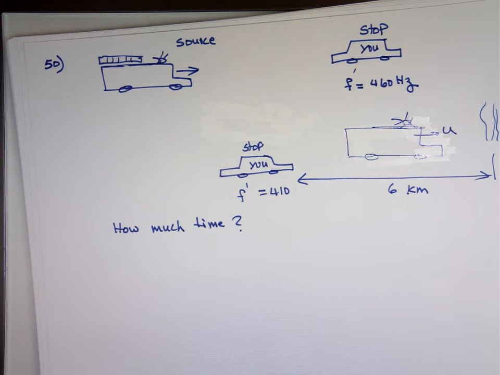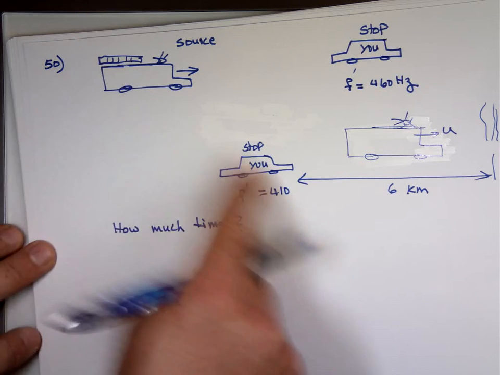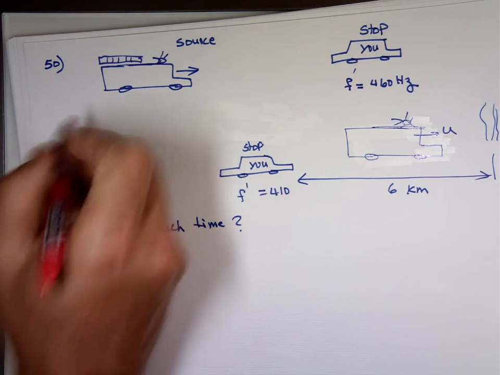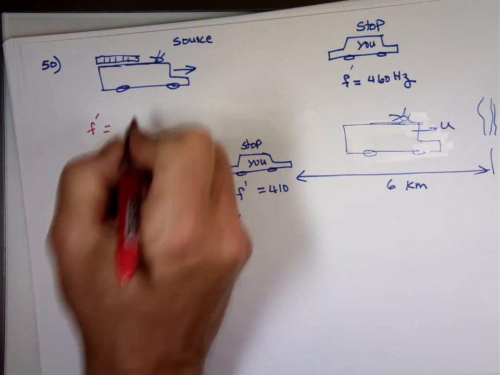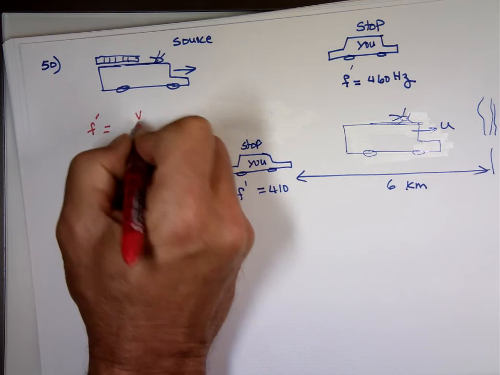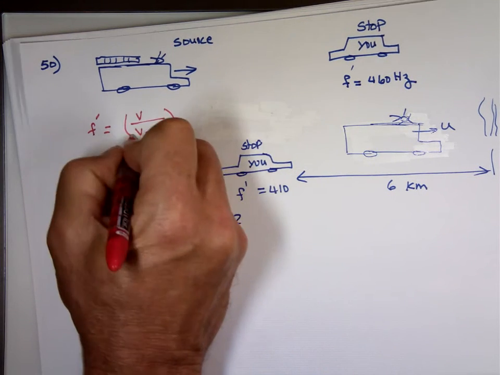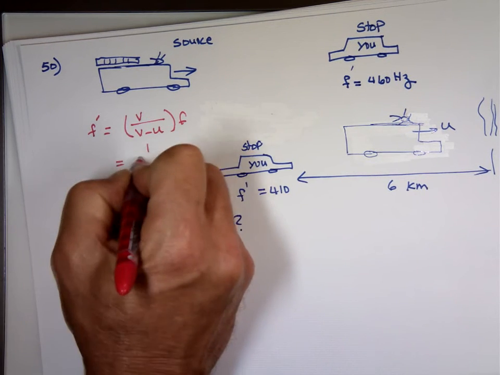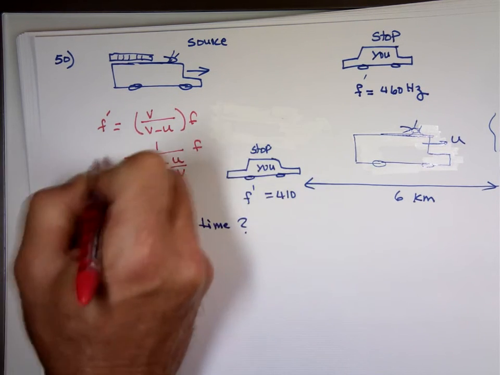So let's assume the truck is there. We'll look at two cases. Before the truck comes here, when it's behind you approaching you, the frequency, if you remember, is V over V minus U times F, or we used to say 1 over 1 minus U over V times F. We're going to use that when it's approaching you.